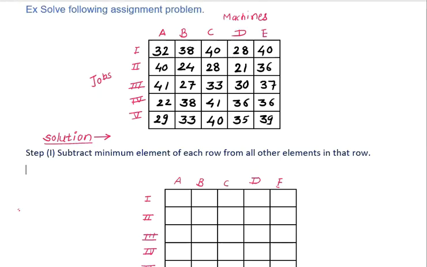Next example, solve the following assignment problem. Let us apply step 1 of the Hungarian method to find the optimum solution. So we require the smallest number in the first row.